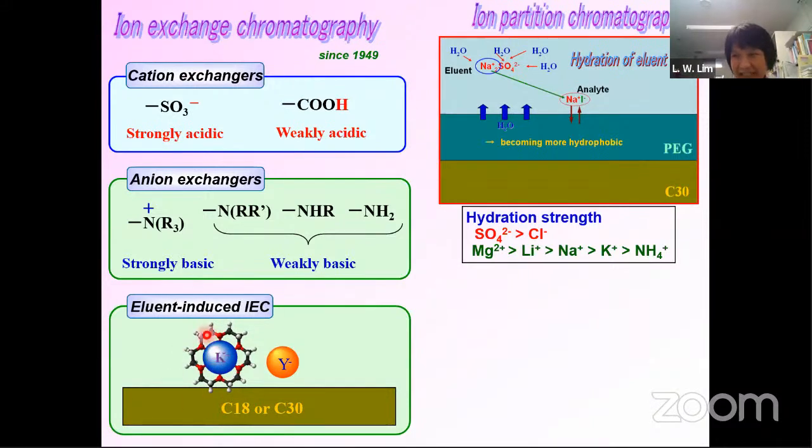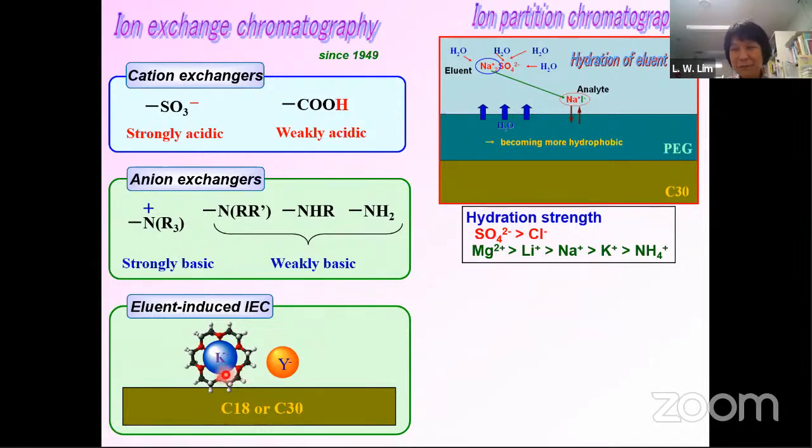For example, this one is a crown ether. Crown ether can have different sizes, like crown 18 or crown 16. The size of the crown ether here will depend on what kind of ions you can extract or separate. Crown 18 is actually hydrophobic. So if you add crown ether in a certain amount, like 5% or whatever, in the eluent, the crown ether will form a layer on your C18 column.